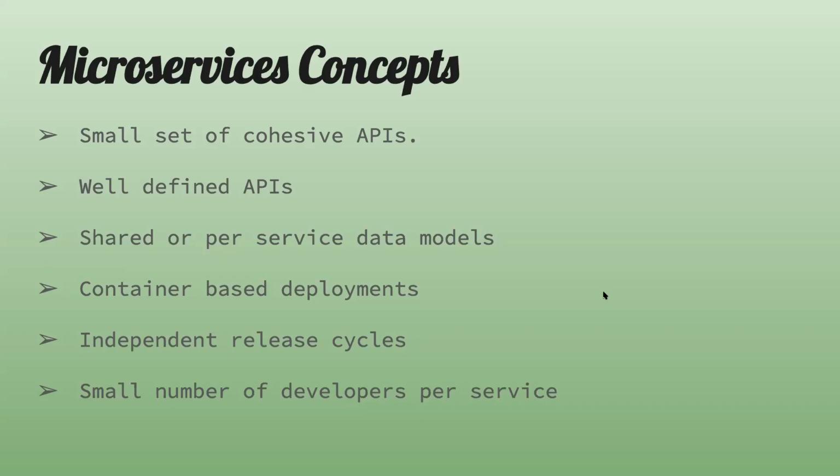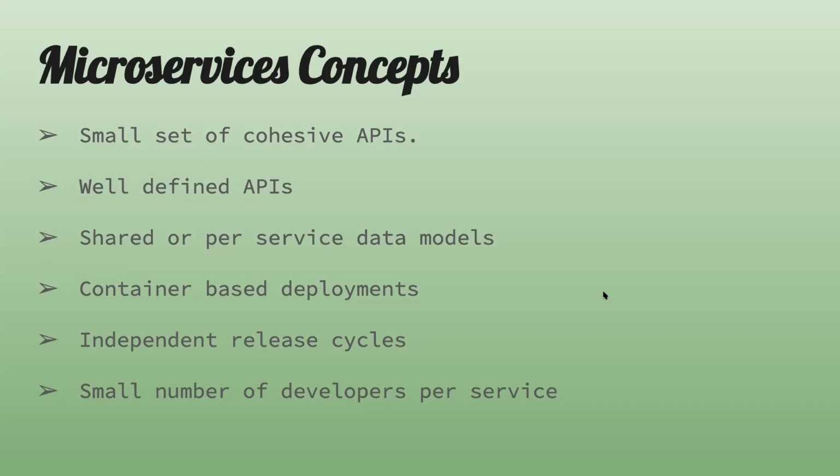But when it comes to per-service database models, the database inconsistency is a problem. In that case, the concept of eventual consistency plays a vital role there. There are different patterns to manage these inconsistencies in microservices.